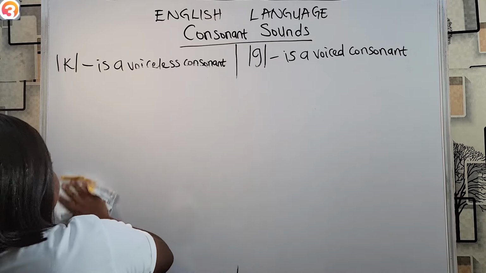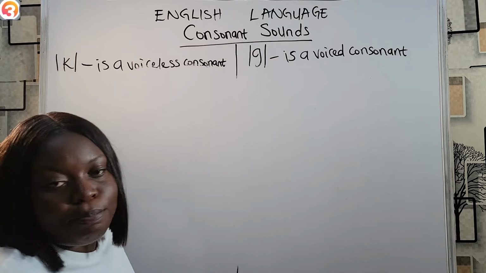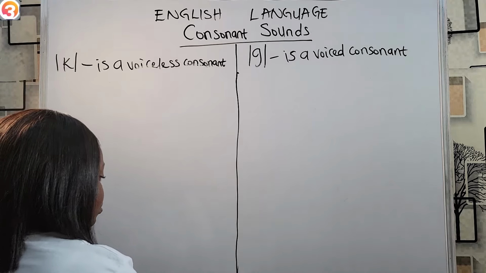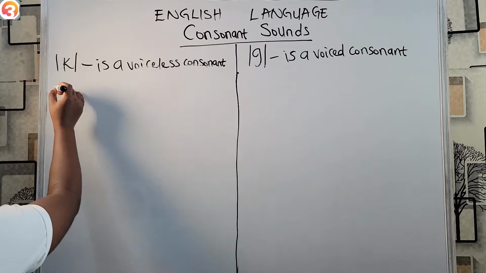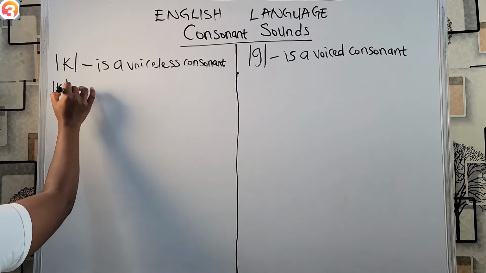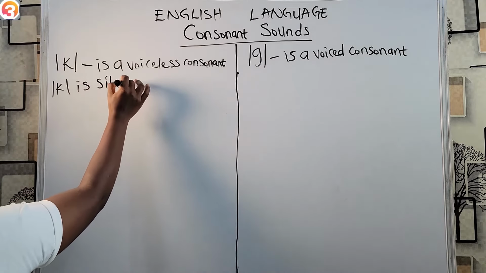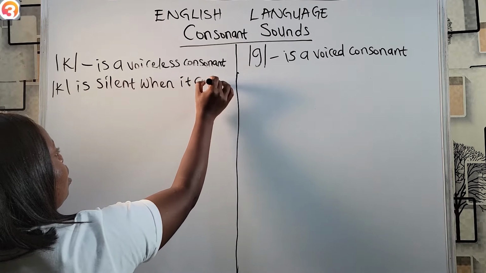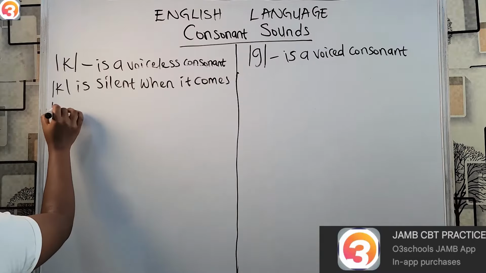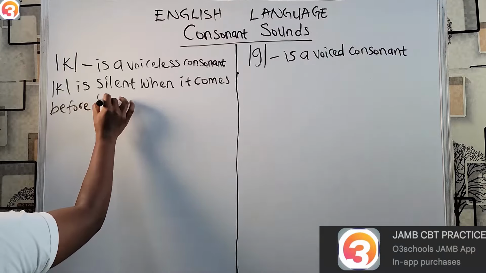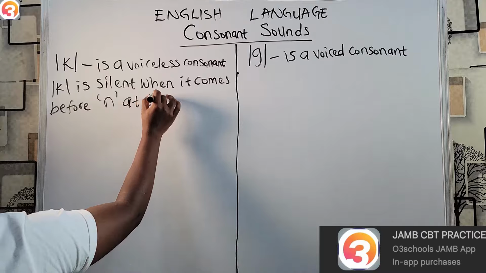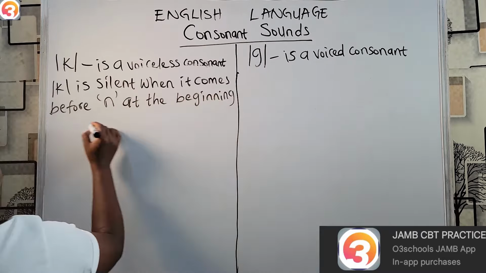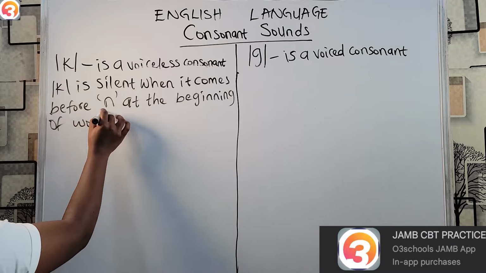These consonants are silent if they come before letter N. K is silent when it comes before letter N at the beginning of words.